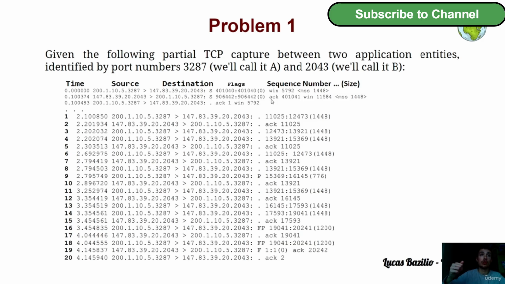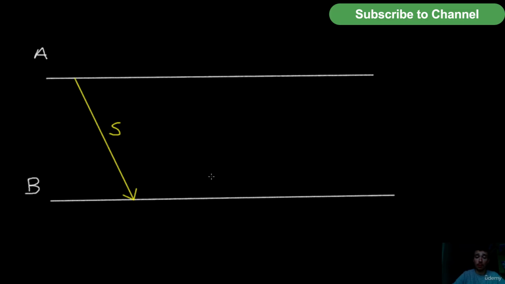The acknowledge is to confirm to the application A, the client, that it can send information to the application B, to the server. But we also want to be able to send information from the server to the client. That's why we also need to send the synchronization flag. And this is the second packet. From the server, application B, we send the acknowledge and also the synchronization, both.